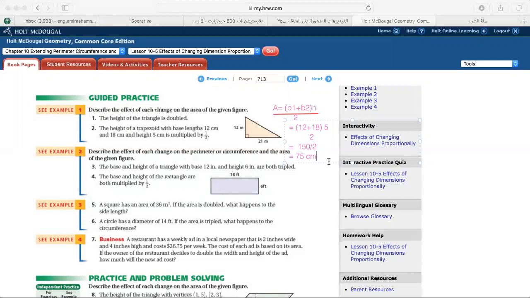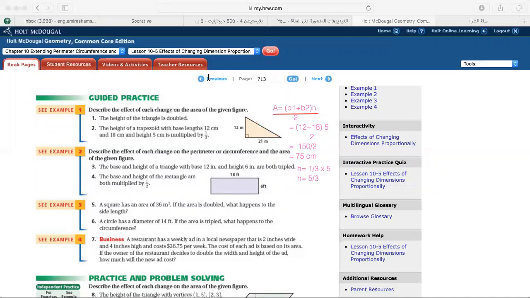Let's now do the changes. The height is multiplied by 1/3, so the new height is 1/3 multiplied by its value, which is 5 over 3.